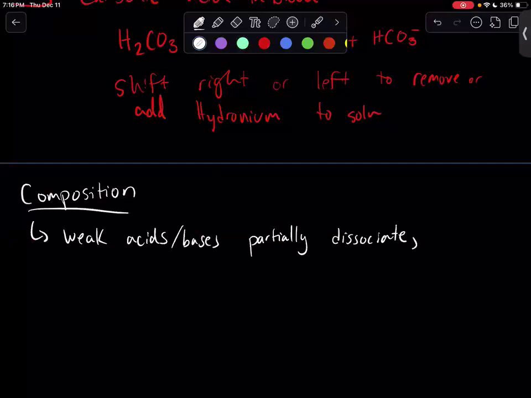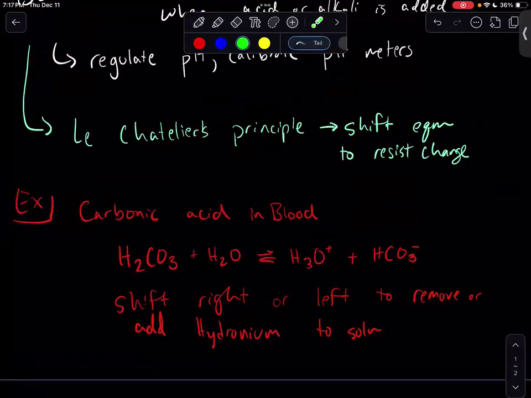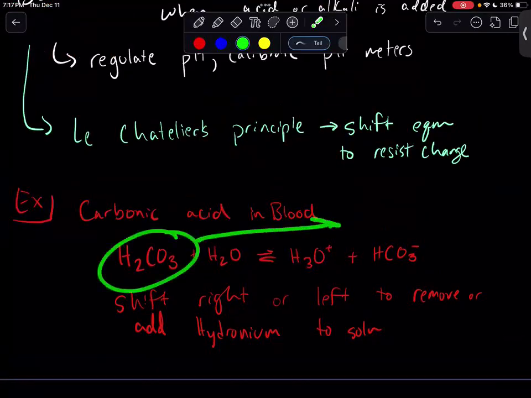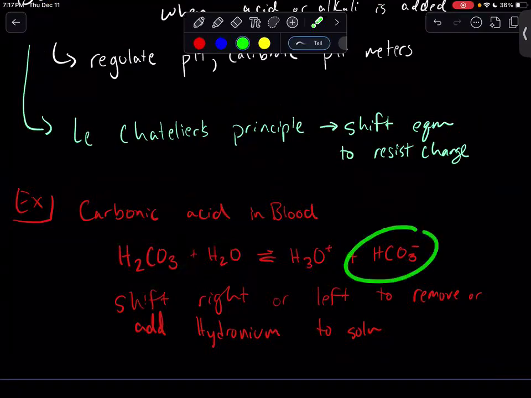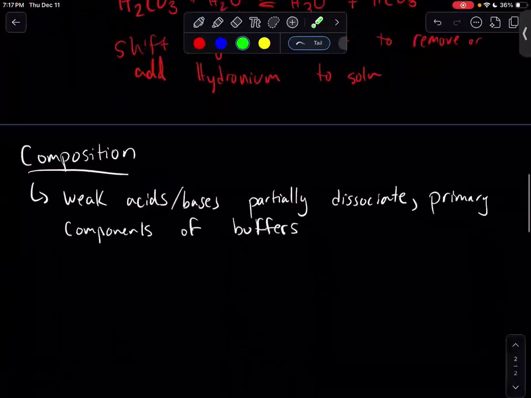These are therefore the primary components of buffers. But you may realize that as a primary component of buffer, when we say weak acids and bases partially dissociate, we mean they barely dissociate at all. That's why in ice equations, icebox reactions, we can pretty much ignore the concentration taken away from our initial concentration. It's so little. Our Kas and Kbs are so low.